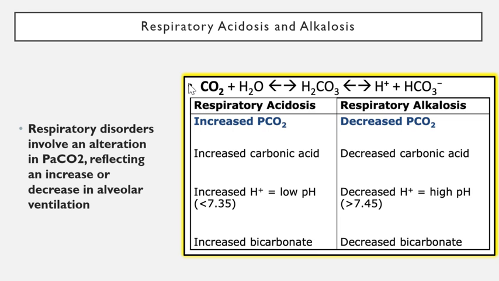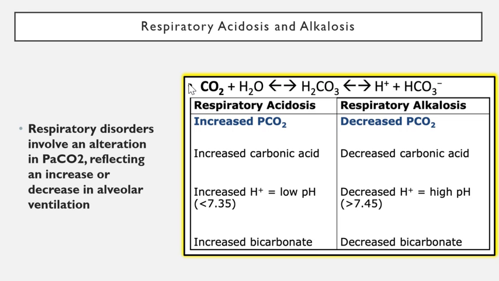What I do want y'all to know, though, is we have this buffering system, and it's delineated in a line equation right here. Carbon dioxide interacts with water, creates carbonic acid, and then the carbonic acid can dissociate and act as an acid into its conjugate parts.